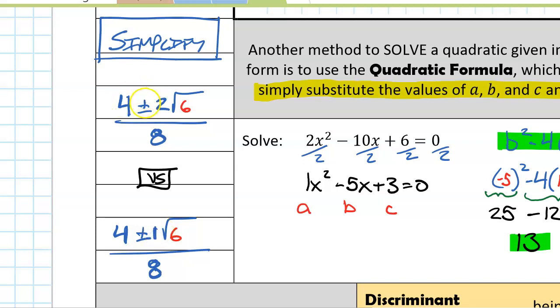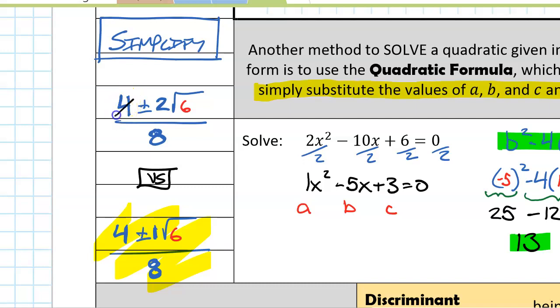So looking at 4 plus or minus 2 root 6 over 8, we are only able to try to divide 4, 2, and 8 by the same number. The 6 is underneath the square root and cannot be used. So down here, 4, 1, and 8, looking at these numbers, I cannot divide each of these numbers by anything other than 1. So this would in fact be my final simplified answer.